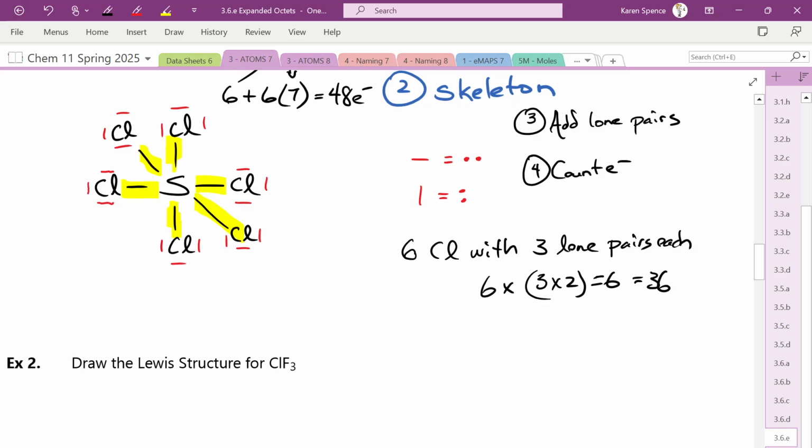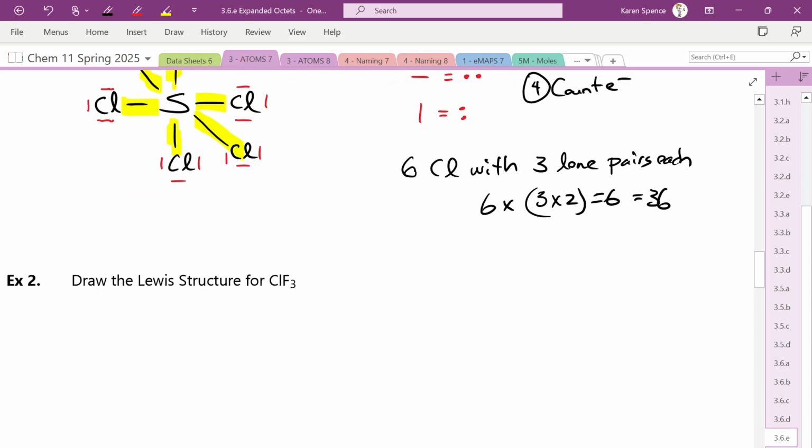Try ClF3. Who has to go in the middle? Normally we would say chlorine, which has 7 valence electrons and has 1 gap. Normally, chlorine forms only 1 bond.